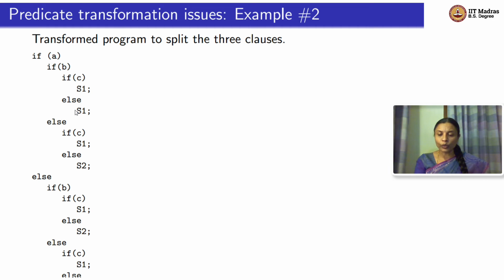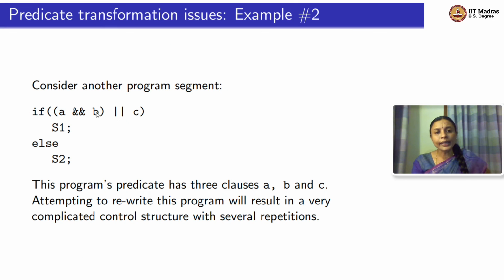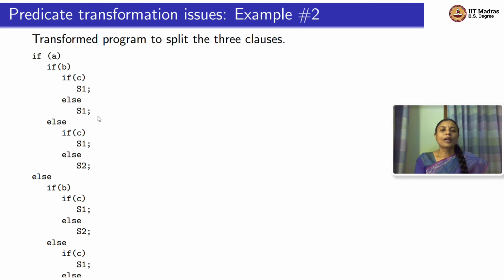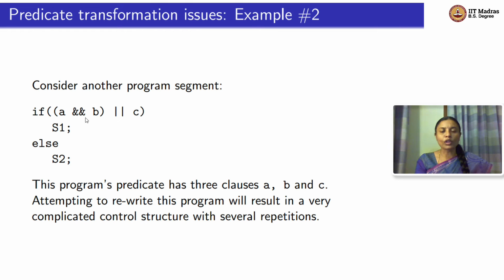Else also you can do S1 because C is connected with A and B with an OR. If this is true, this is false. That is, if B is false, if C holds, then you do S1. If C is false, then you do S2 because B is false, C is false, and then this if condition will evaluate false, then you do S2.